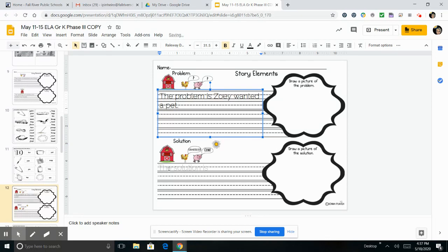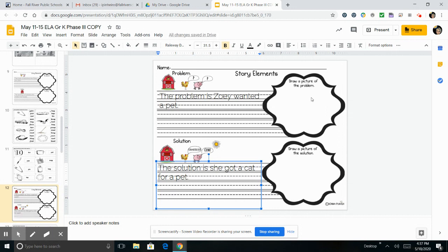That was the problem. The solution is that she got a cat for a pet. Okay, and if you're doing a paper packet, again, you can draw pictures if you want to.